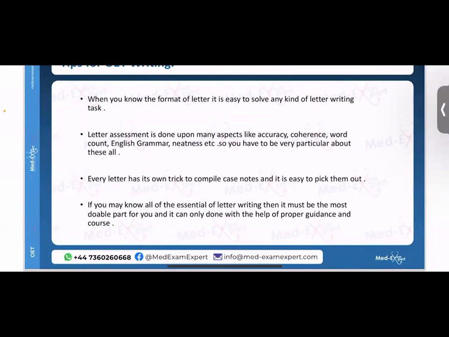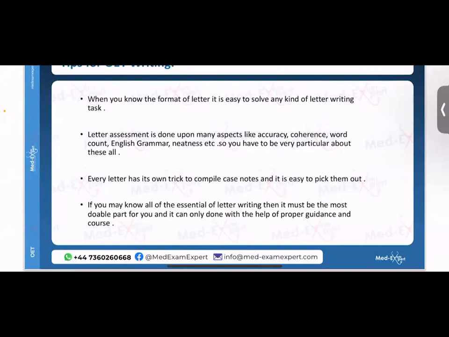Students tell me, "Ma'am, my letter was correct. I just followed the same format you told me. Then why is my score not B, and why am I not scoring above 300?" The reason is what I'm telling you: letter assessment is done upon many aspects.